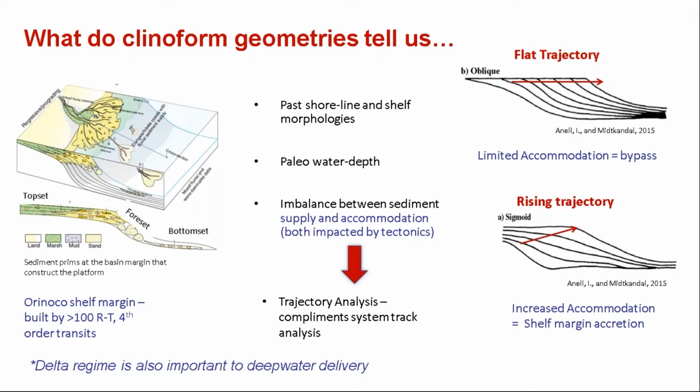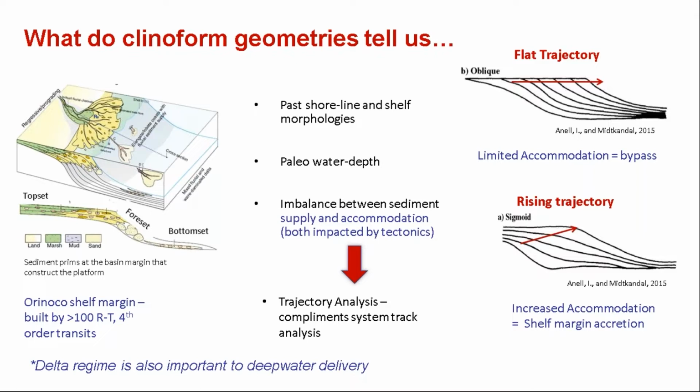Now, the Orinoco Delta in the Trinidad area is built on probably more than 100 of these regressive, transgressive cycles. And we think these occur on likely fourth order timescales. Clinoforms themselves are really quite significant because they help us understand both paleo shorelines as well as water depth.